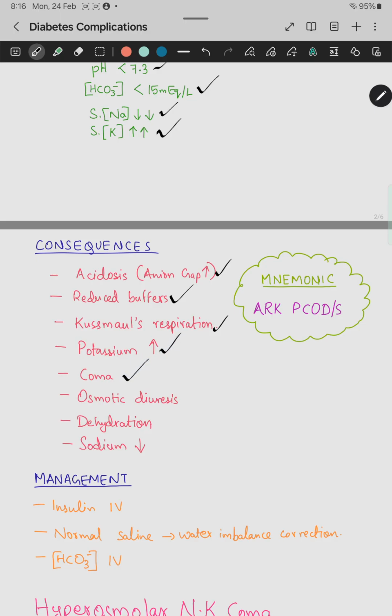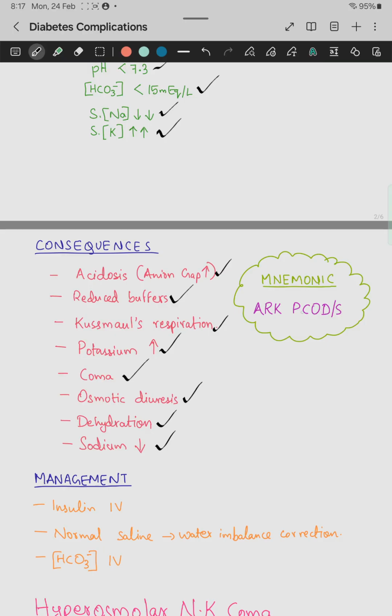Coma is seen due to the electrolyte imbalance as well as dehydration in the cerebral cells, and osmotic diuresis, dehydration, decrease in sodium concentration. So the consequences are acidosis or increase in anion gap, reduced buffer, Kussmaul's respiration, increase in potassium concentration, coma, osmotic diuresis, dehydration, and decreased sodium concentration.